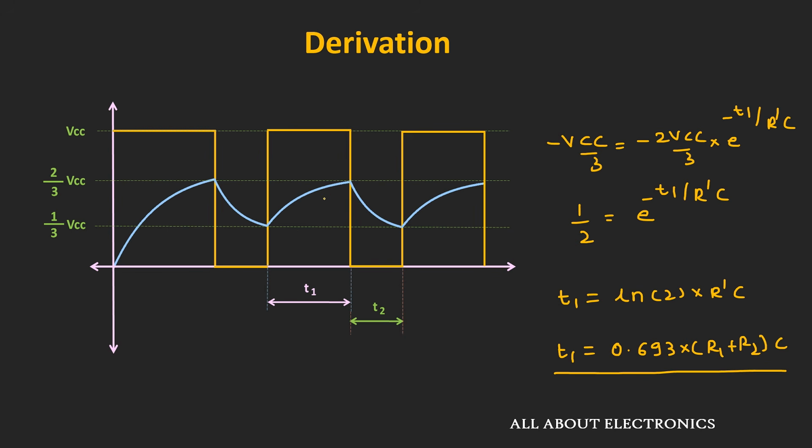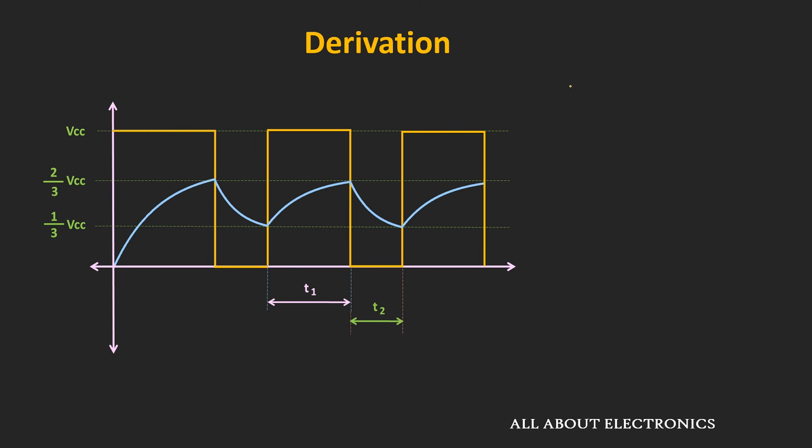So now similarly, let us find out this time T2. So once again, let us write down the expression of this capacitor voltage, that is Vc of t will be equal to V final plus V initial minus V final times e to the power of minus t divided by R2C, because during the discharging time the capacitor is discharging through this resistor R2.